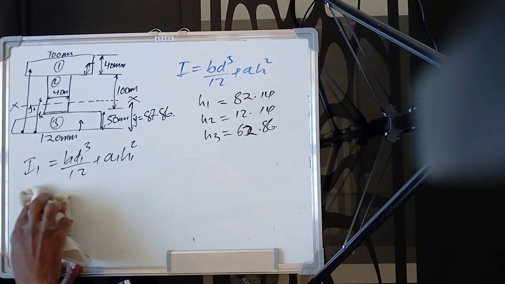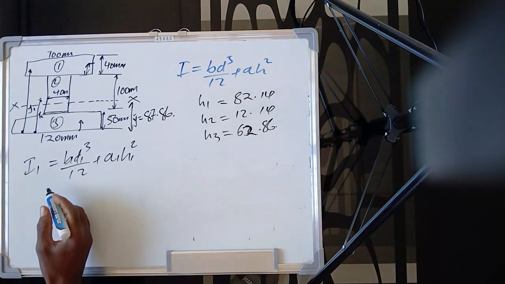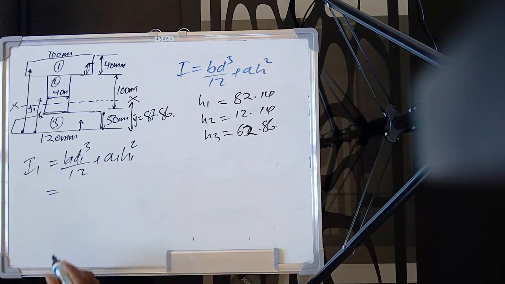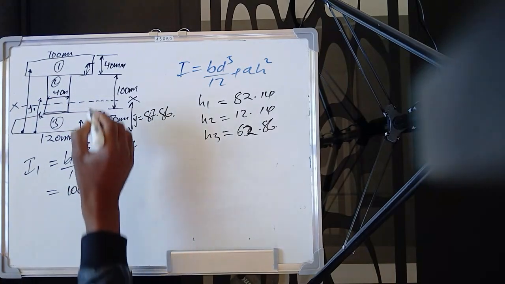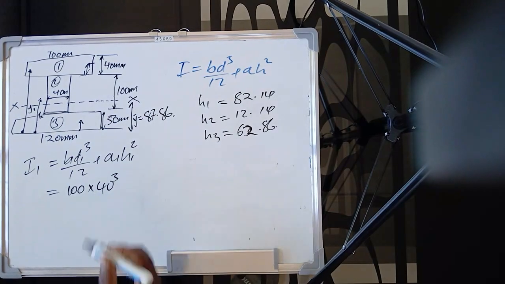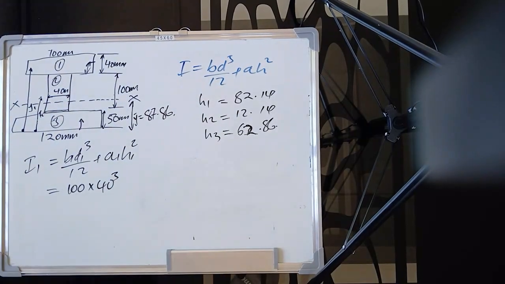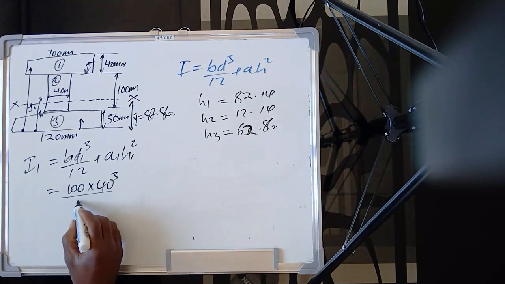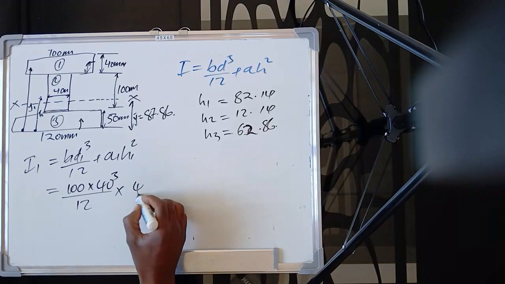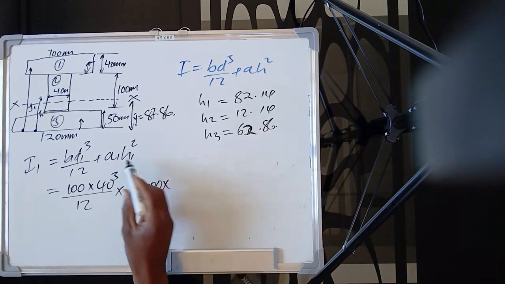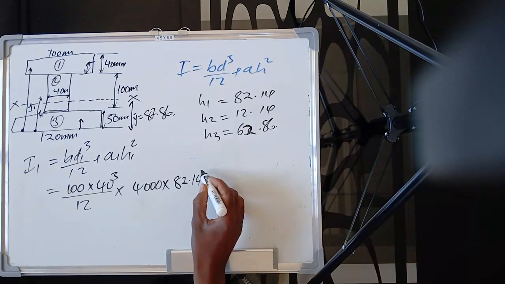Okay, so let's deal with I1, since we have H1 and D. So this is going to give you B1, remember now, it's 100 times 40 to the power 3. See, it's this way, which is B, then D, over 12, plus area 1, from the table, we have 4,000 multiplied by H1, it's here, 82.14 squared.